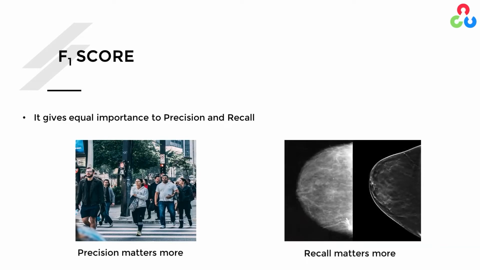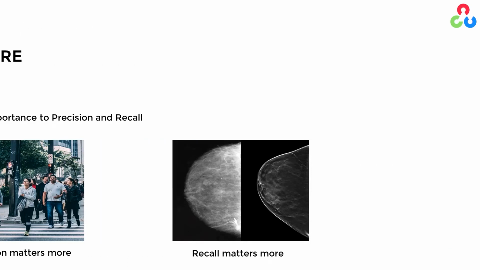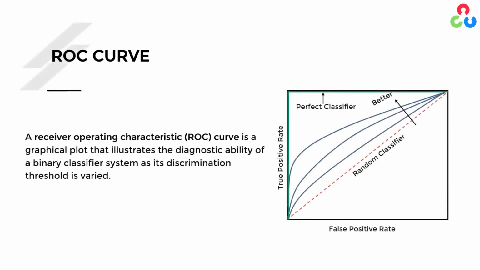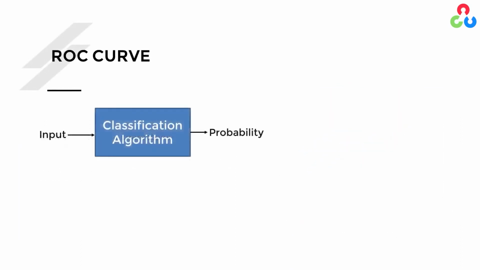Another curve which is very commonly used to judge the performance of a classifier is called the Receiver Operating Characteristic Curve, or the ROC curve. It is a graphical plot showing the performance of a classifier as its discrimination threshold is varied. Classification models typically analyze the data and output some value of confidence that it's an object of some class.